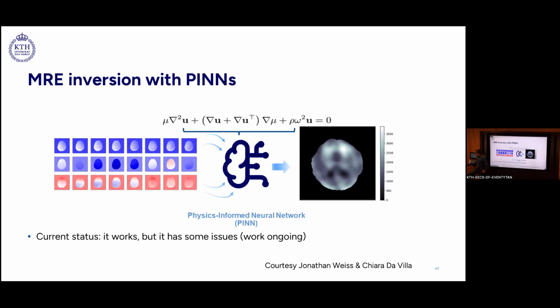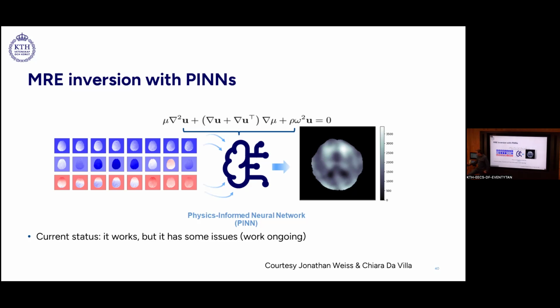So the main issue, as everyone knows, is that you have to retrain for every single subject, which makes it an expensive method. It's not like a typical AI that you just train once and then testing is very quick. Here you have to retrain every time, and it's time consuming.